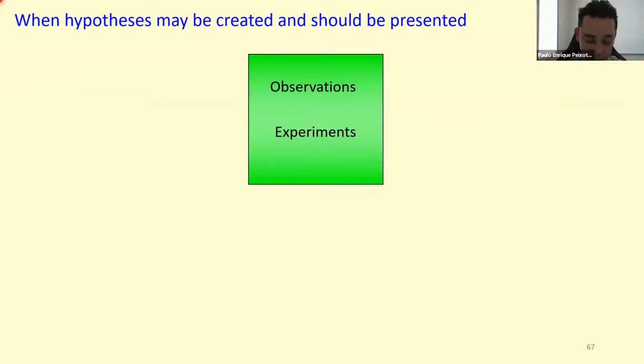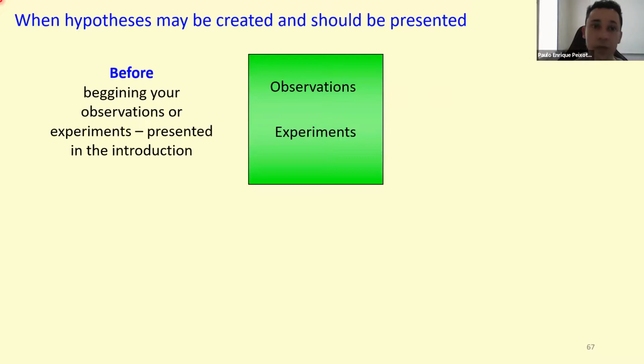Actually, you may place your hypothesis in two moments. You may think about your hypothesis before collecting your data, okay, this option here. And if you think about your hypothesis before beginning your observations and experiment, you should present your hypothesis in the introduction of your manuscript, okay? But there are many instances of people that collect the data. They also have a prior hypothesis, there's no problem.